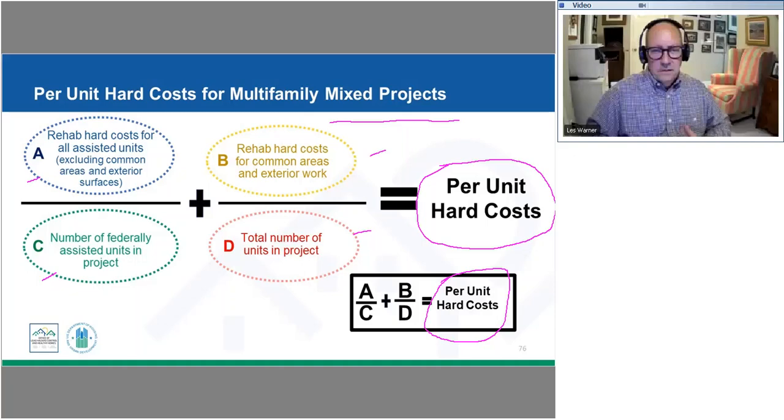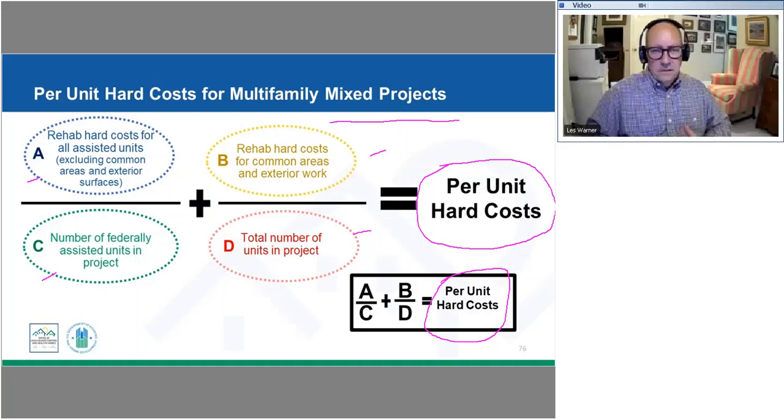So if the whole project is being rehabilitated using HUD funds, then you would use all the units. If only a certain number of units were being assisted, such as units that were not being renovated, then you would not count those units that are not part of the project, even though they're on the same property.